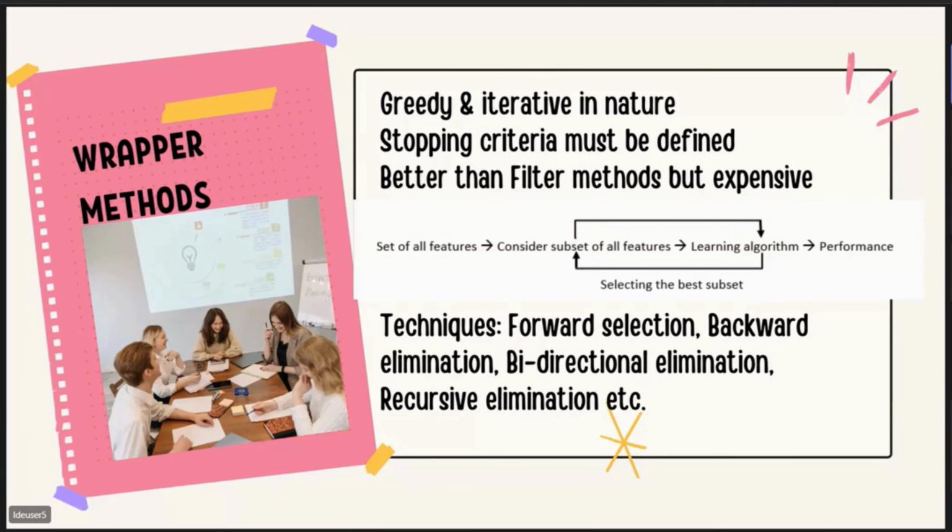Then the second class of methods are wrapper methods. Wrapper methods are greedy and iterative in nature. Greedy in the sense, most of the wrapper based methods are greedy algorithms. What is a greedy algorithm? A greedy algorithm is an algorithm which is always striving to choose the best.